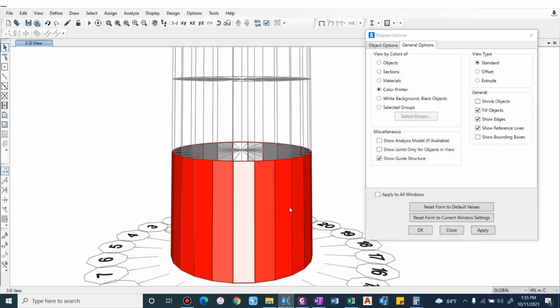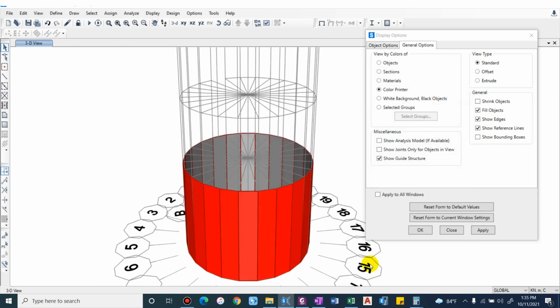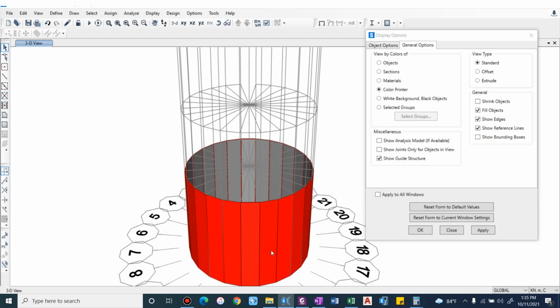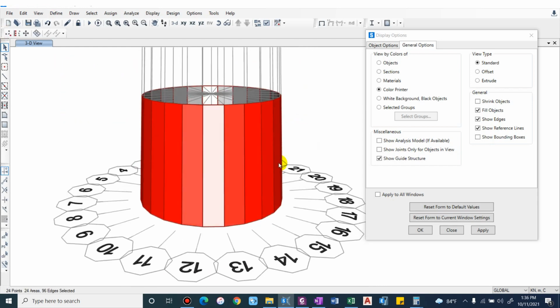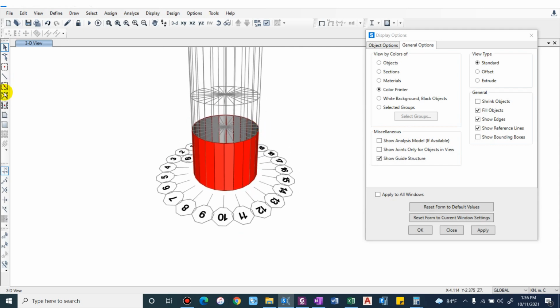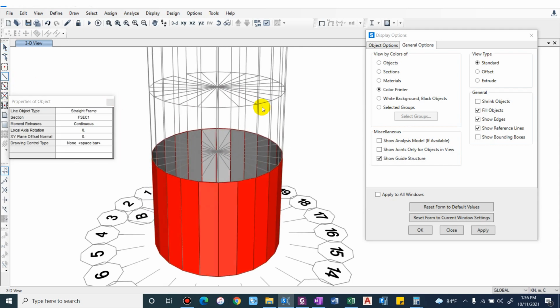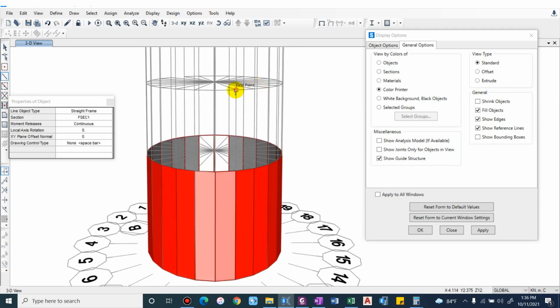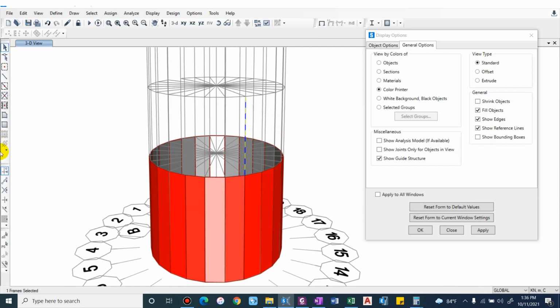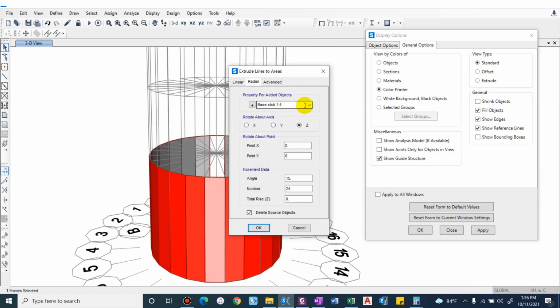Okay, so as you can see, top surface is facing towards us. Now let us do the same thing for the wall of 0.75 thickness. So again from this point to this point, and we'll extrude this considering 0.75.